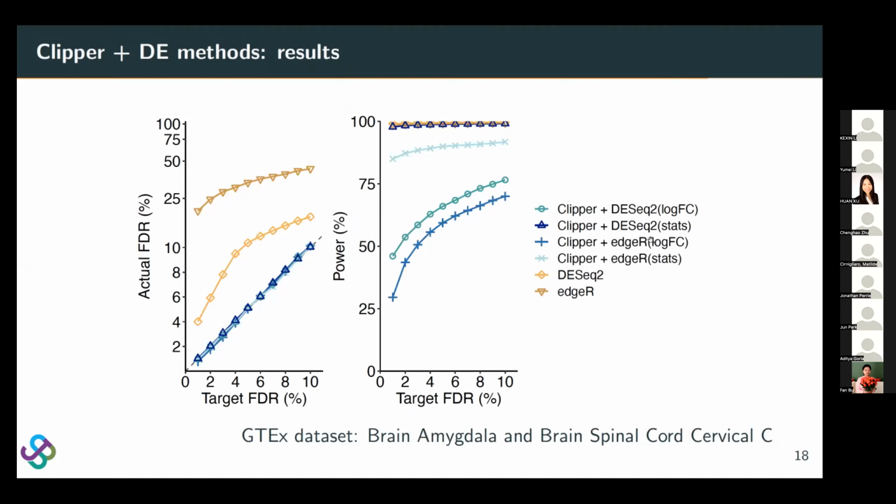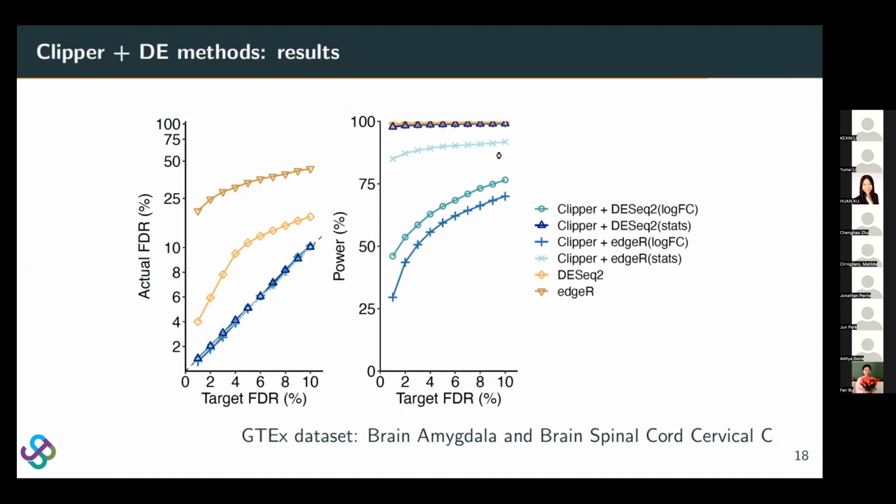We use both the log-fold change and the statistic used to calculate p-values, these two summary statistics from DESeq2 and edgeR, and apply our previous idea to adjust the results from these two DE methods. We find that when used as an add-on, Clipper can perfectly control the false discovery rate under the target and achieve comparatively good power.